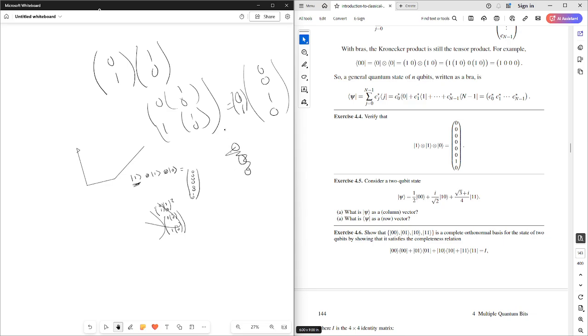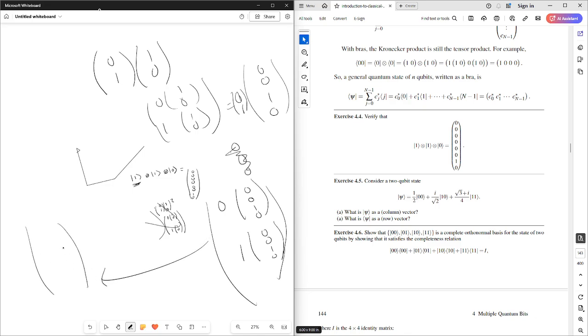I'll do this formally so we can follow all the steps, right? So 0 times 0, 0, 1, 0. 1 times 0, 0, 1, 0. And we wind up with the final form there: 0, 0, 0, 0, 0, 0, 1, 0. And that does match.